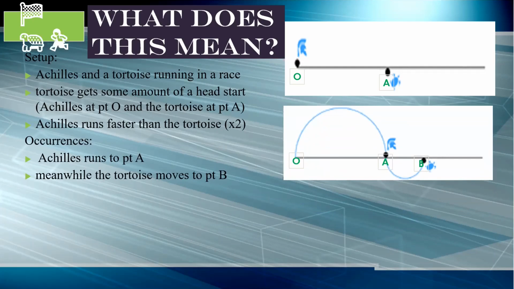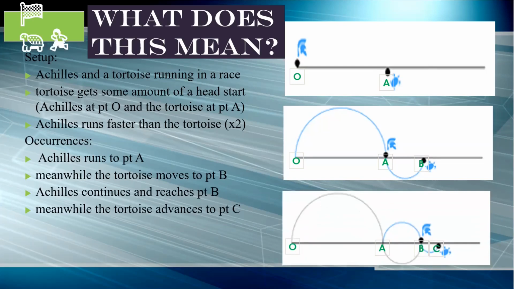As you can see, Achilles runs the distance from point O to point A. And in the time that Achilles runs that distance, the tortoise runs some distance as well. Both are running at their respective speeds, but in the time it takes Achilles to get to point A, the tortoise has moved some smaller distance from A to B. Now, they both continue to move, and so they don't necessarily stop at points A and B, but we're just looking at an instant of time.